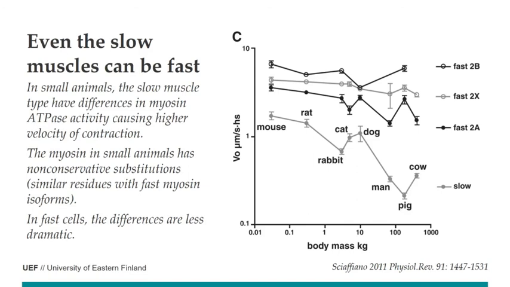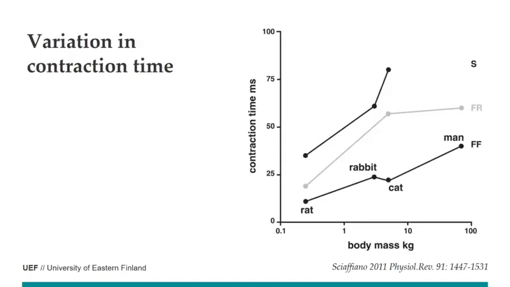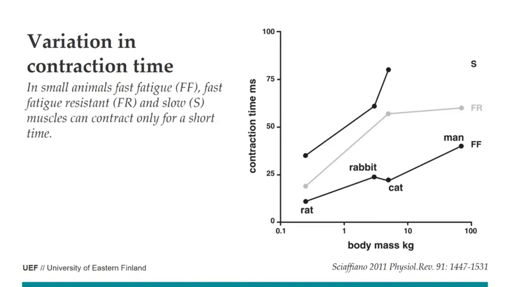So the slow cells in the small animals are fast. But it also affects the contraction time. Not only are these small animals contracting fast, but they can contract only for a short time.